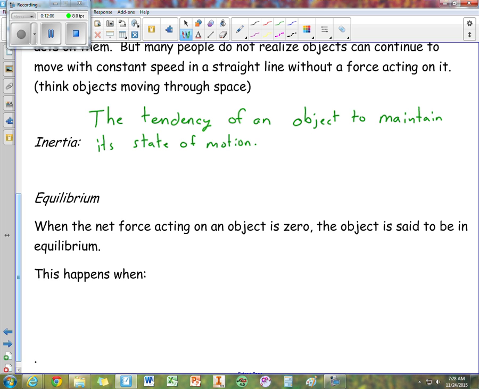That's its state. And this really is Newton's first law. In fact, sometimes the first law is called the law of inertia. Mass. We really don't know what mass is or what causes mass. But what we do know is that mass is a measurement of inertia. The larger an object's mass, the more inertia it has.